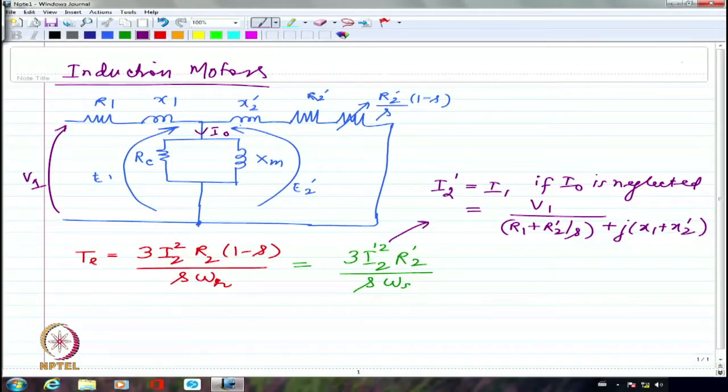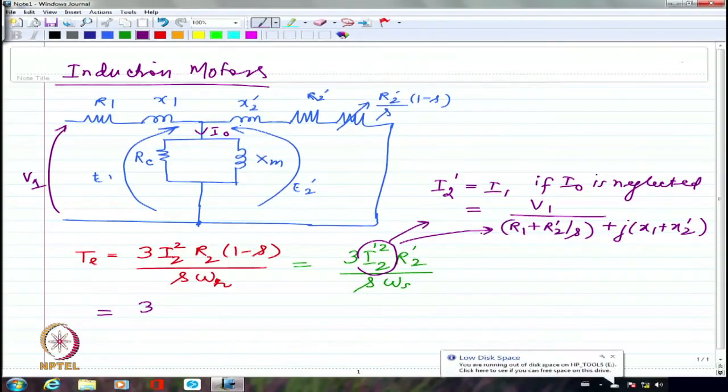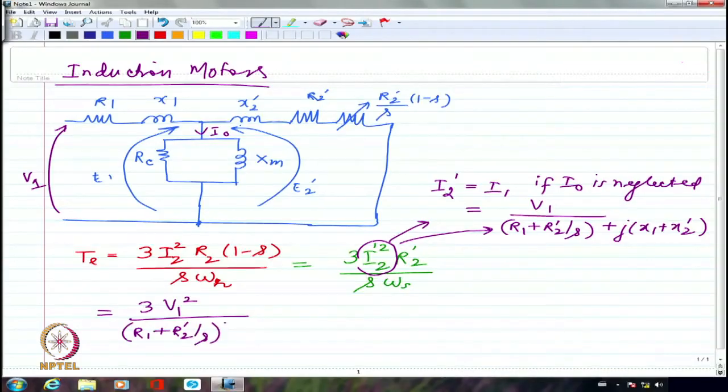From which we could get the overall expression for the torque, substituting for this I2 dash square from here. That is 3 V1 square divided by R1 plus R2 dash by S the whole square plus X1 plus X2 dash the whole square.